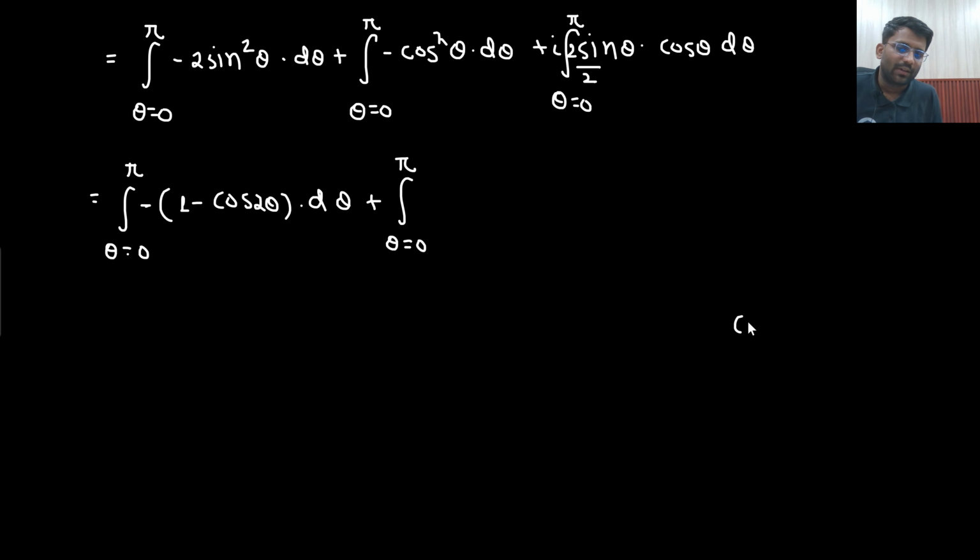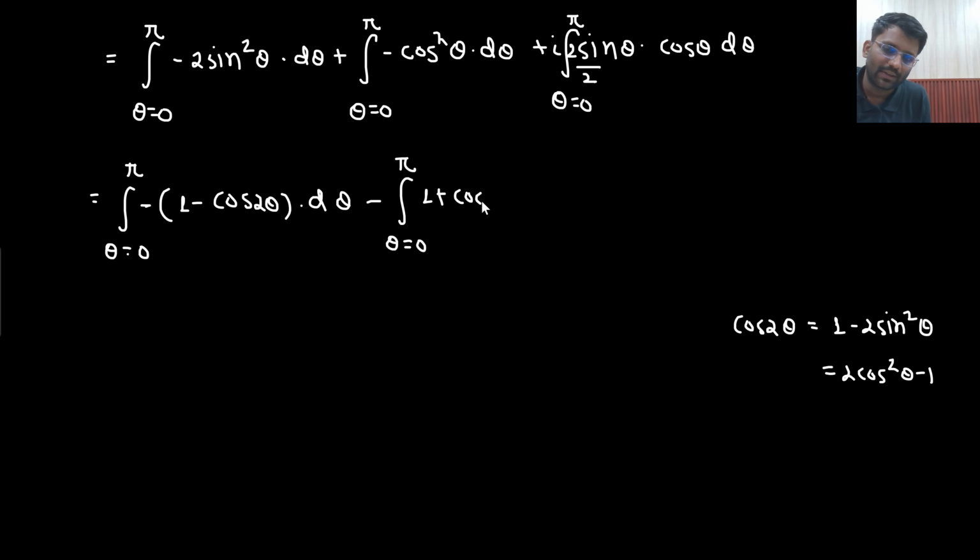Basically I am applying this formula: cos 2 theta is nothing but 1 minus 2 sin square theta, or 2 cos square theta minus 1. So cos square theta is 1 plus cos 2 theta divided by 2. The minus sign you take outside. 1 plus cos 2 theta divided by 2, d theta, plus iota, theta going from 0 to pi, sin 2 theta d theta.